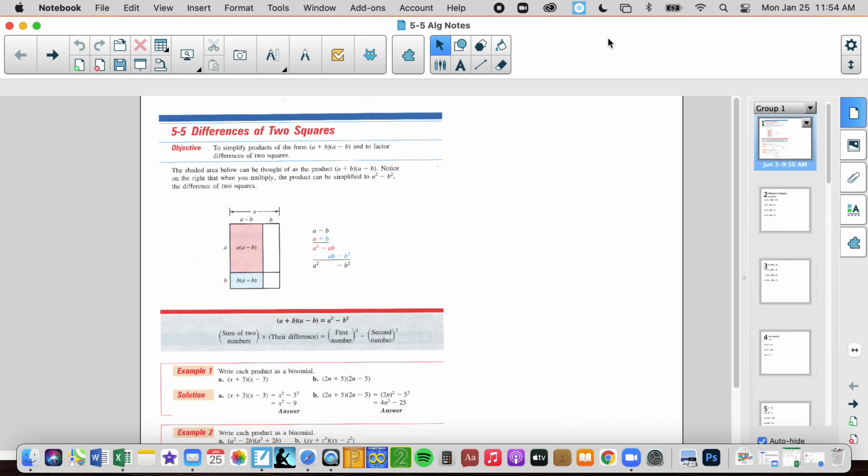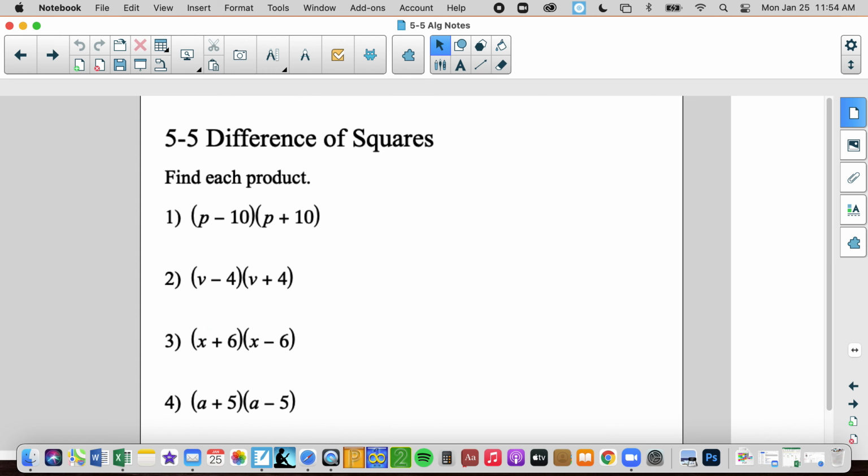Okay, so now we have binomials, and let's look at these. Let's observe what's happening here. First thing we want to look at is, all right, we still have two binomials multiplying each other, meaning we have two terms inside each parentheses. And what do we notice?